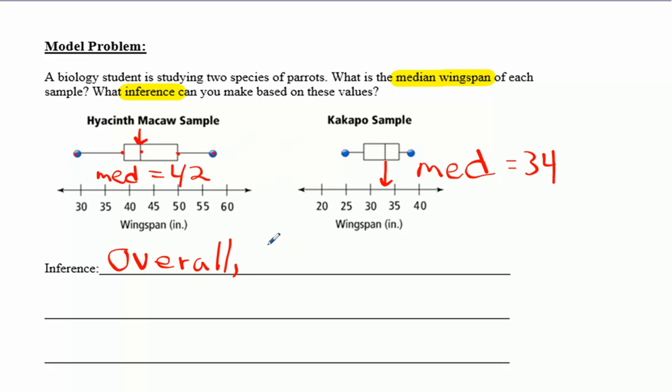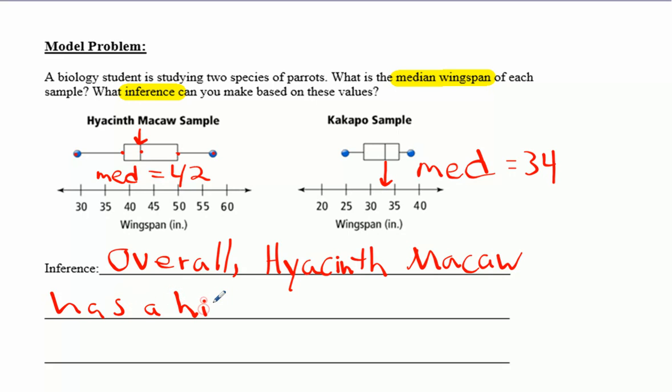We want to say the hyacinth macaw has a higher median. What was the blank? We're comparing their wingspans, how long their wings are.